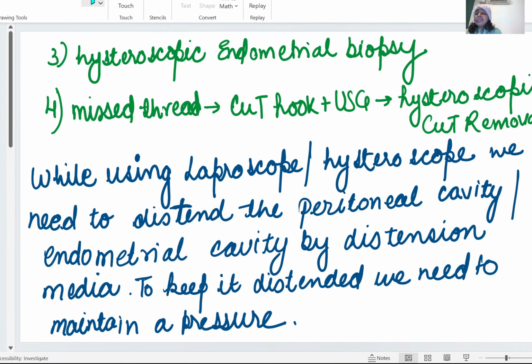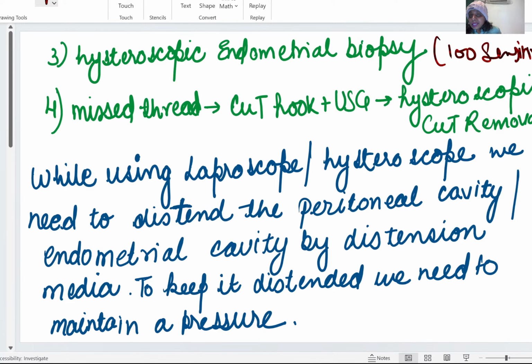It is 100% sensitive. This question has also come: if a patient comes with menorrhagia or DUB, which is the best method to take an endometrial biopsy? It is the hysteroscopic endometrial biopsy.